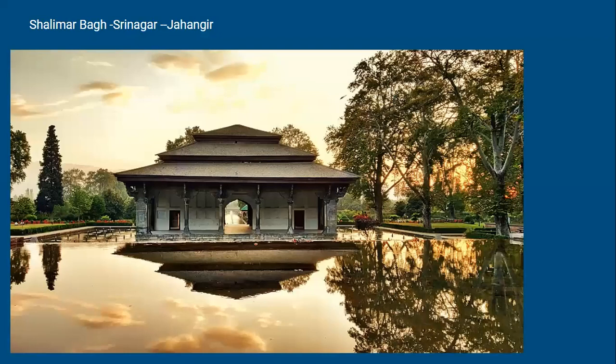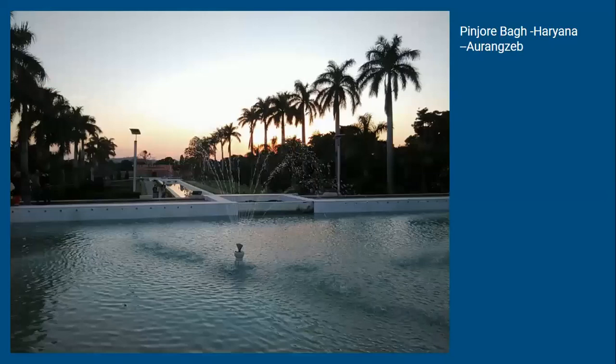Then you can see this is a beautiful view of yet another Shalimar Bagh. इसका भी नाम Shalimar Bagh ही है, but this is at Srinagar, built by Jahangir. And the last one is Pinjore Bagh. ये Pinjore Bagh is in Haryana, and this was built by Aurangzeb. We do not find much architecture being built by Aurangzeb, but this was built by Aurangzeb.